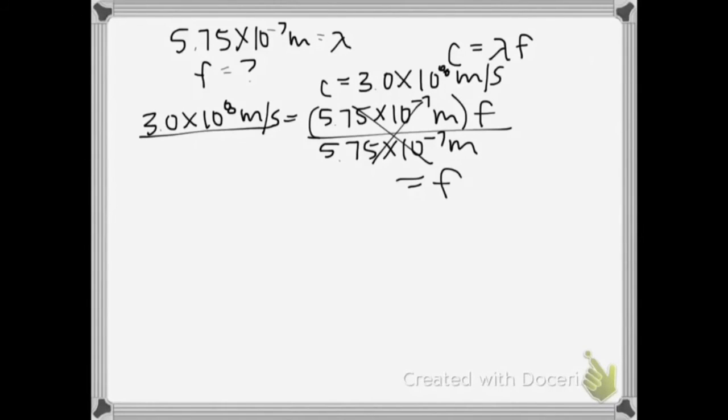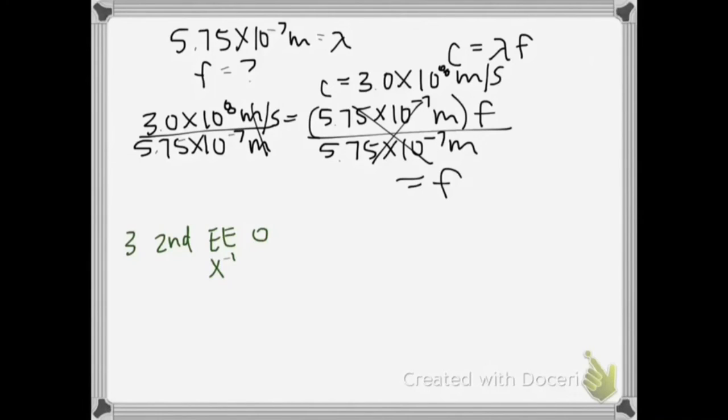And then over here, this is going to be our math problem that we're going to have to put into the calculator, and I'm going to show you how to do that. And our meters are going to cancel. Okay, so just to show you how to put it in the calculator, because it's a little tricky with scientific notation, I put my number in first, 3, and then this times 10, instead of putting times 10, I'm going to put second, and then the EE button, which has an x to the negative 1 on it as well. So you want to find that on your calculator.